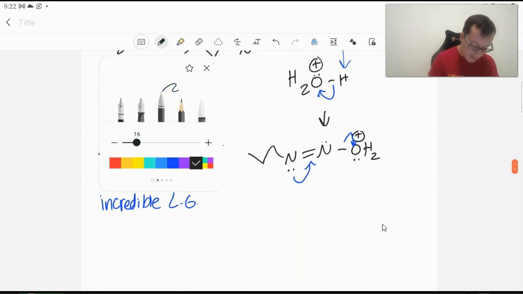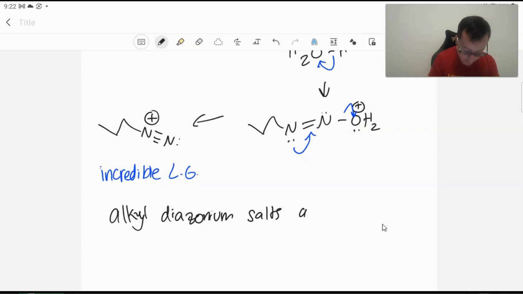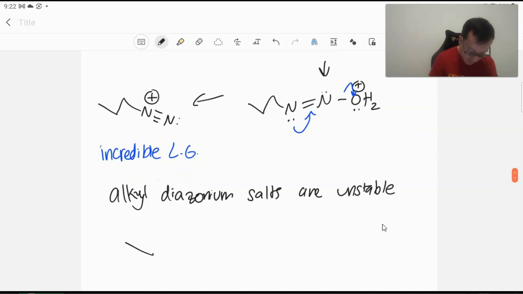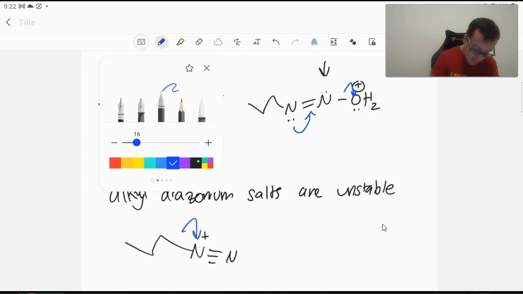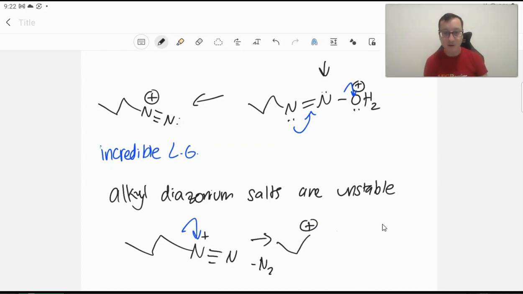And so we're going to see that just alkyl ones are unstable, because what happens is you just lose N2, it just leaves. And now you're left with a carbocation. You lose nitrogen gas, and now you're left with this primary carbocation, which is just terribly unstable.